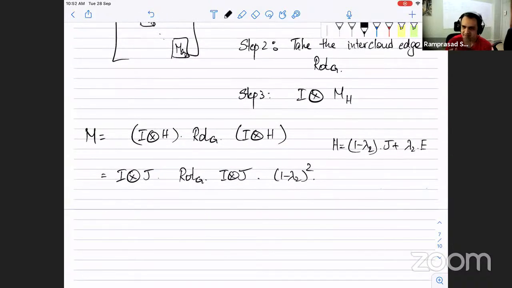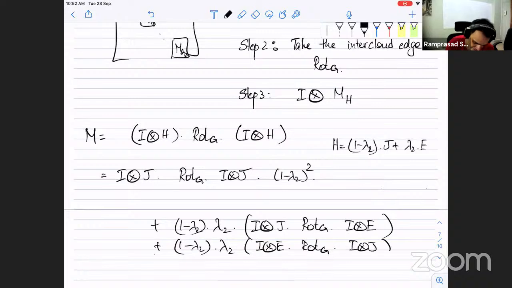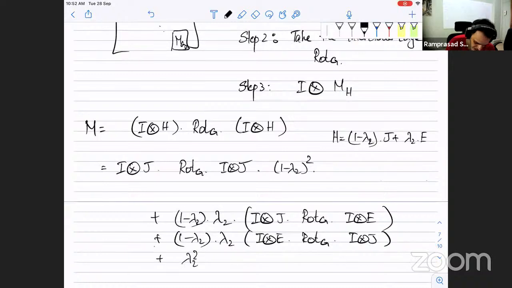And then there'll be three other terms that involve this error matrix E. Plus there's going to be (1 minus lambda 2) times lambda 2 times I tensor J, rotation G, I tensor E. And a similar term, (1 minus lambda 2) times lambda 2, which is I tensor E, rotation G, I tensor J. Plus there is a lambda 2 squared term, which is I tensor E, rotation G, I tensor E.